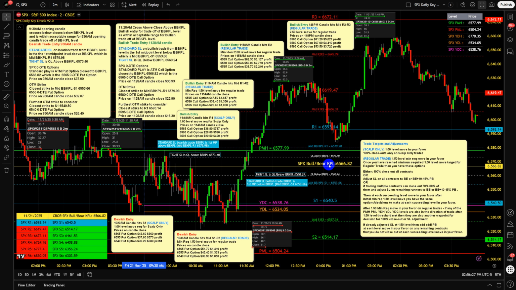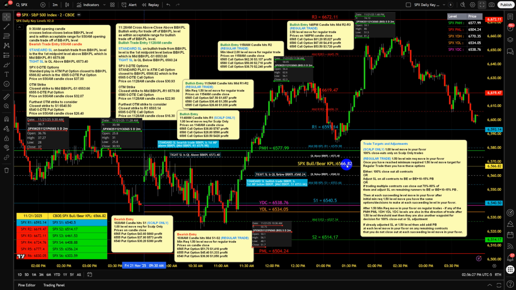So for example, with this particular trade, it's off the bull bear key price level. It's a bearish trade. And so our standard play with the daily key levels option trading strategy is going to be an at the money option of a strike price that is closest to that level's price for today's session.